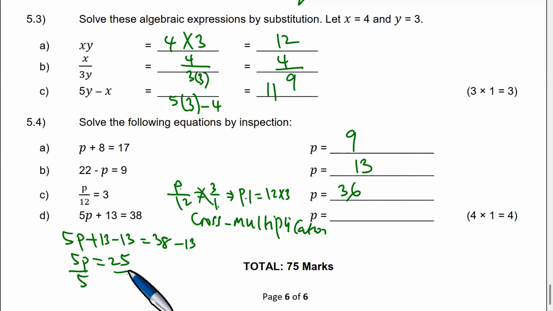Then you divide by 5. What is 25 divided by 5? 5. The answer is 5. You get the point. Yes, sir.